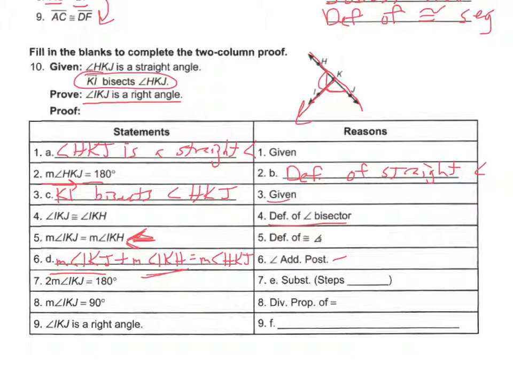And that equals 180 degrees because all we did was we substituted HKJ with 2 times IKJ. Now the measure of IKJ is 90 because of the division property of equality. We divided both sides by 2. And then we said IKJ is a right angle because the definition of right angle says if it's 90 degrees, it's a right angle.